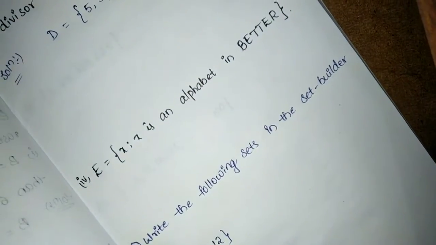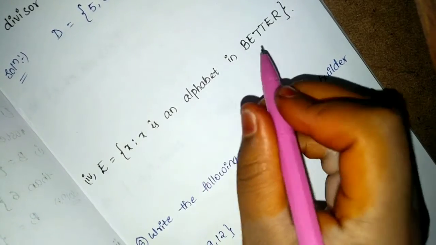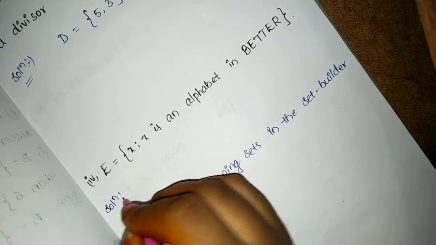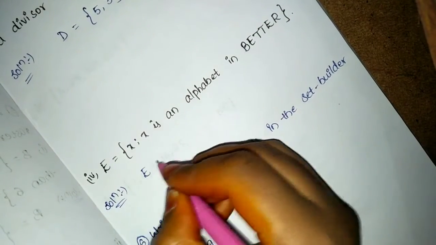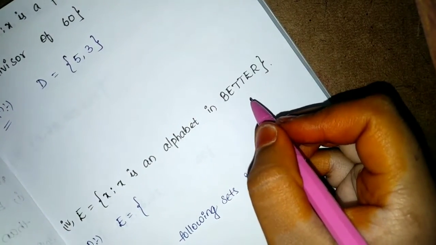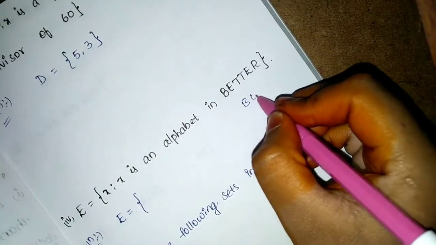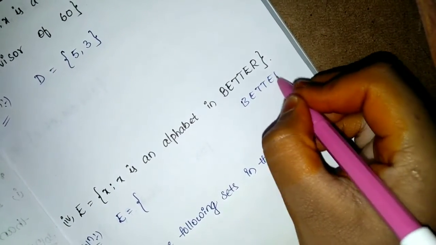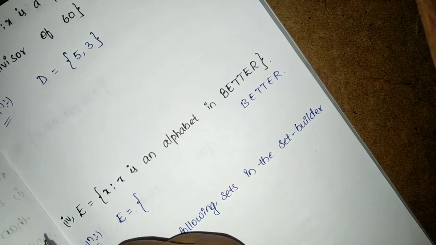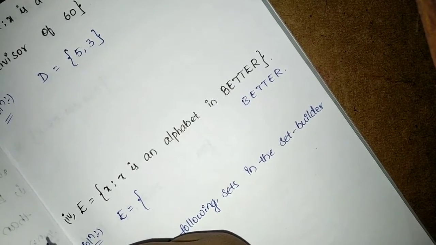That's it. Next, fourth one, E equal to the set of x such that x is an alphabet in the word better. Solution for this is E equal to the set of, the elements in better are b, e, t, t, e, r. But I explained in previous videos, in roster form the elements are not repeated.